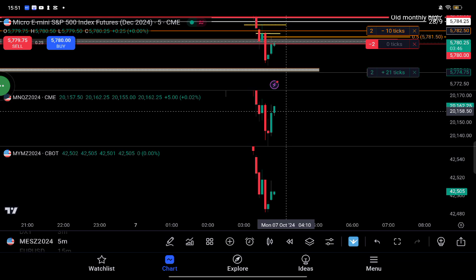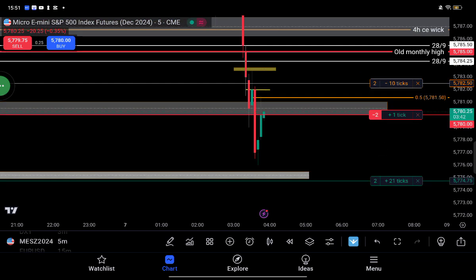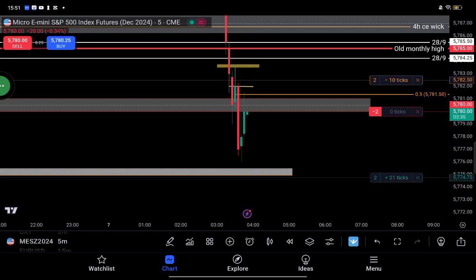So look at this order block here. So next, watch this CE wick, okay, and the order block.